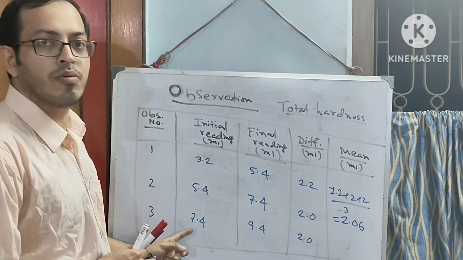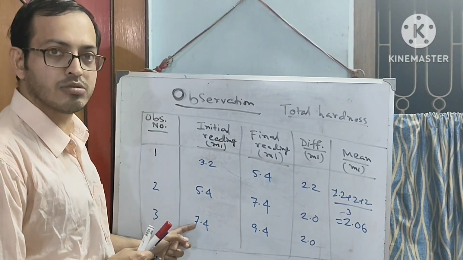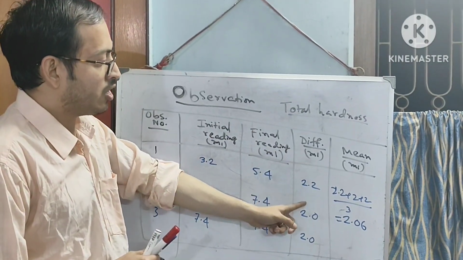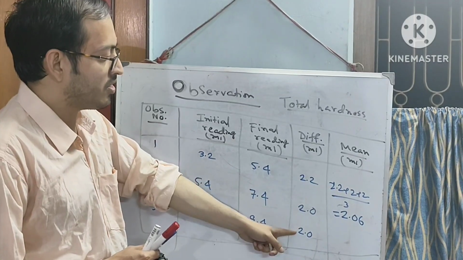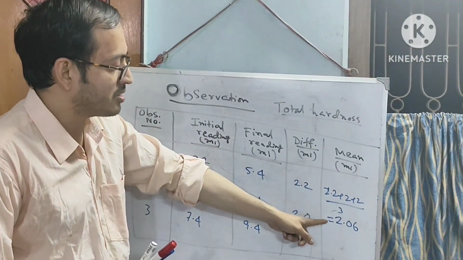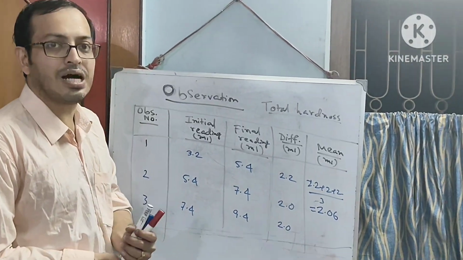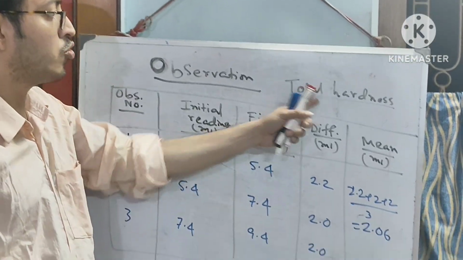Likewise, we performed subsequently another 2 titrations for total hardness, and when we took these 3 differences and found the mean, the result was 2.06. 2.06 is the average or mean burette reading for our total hardness.